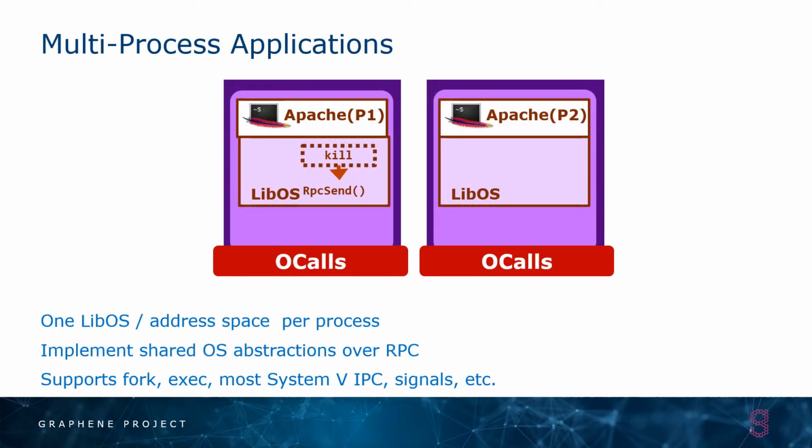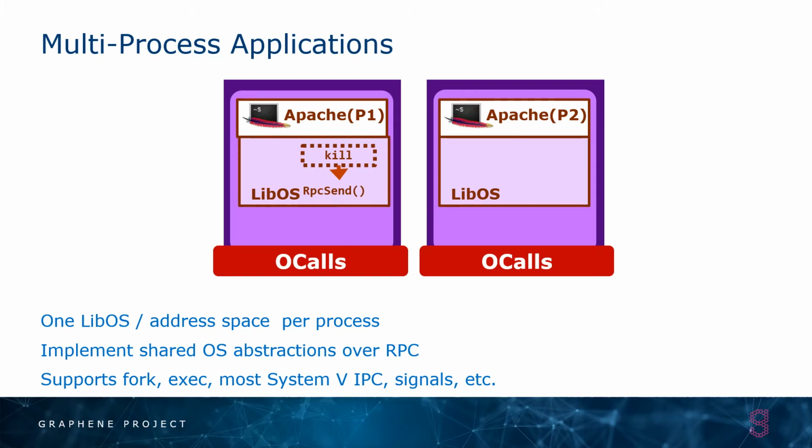A unique feature of Graphene is the ability to support multi-process applications. Suppose we want to run 2 Apache processes. In Graphene, we create 2 enclaves or 2 application address spaces, 1 per process. This includes 2 copies of the running library OS. Shared OS abstractions are implemented in user space in a decentralized manner. None of the specific idiosyncrasies of Linux signals or System V IPC or fork or exec are assumed to be supported on the host.